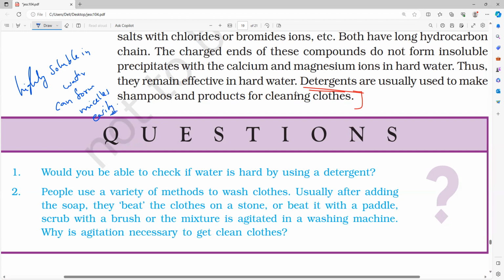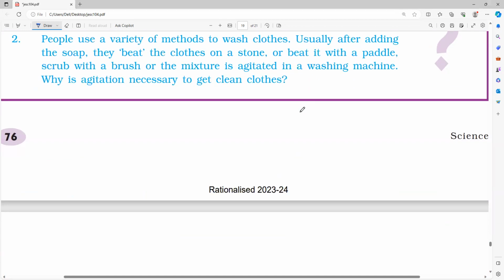Next. Synthetic detergents can be used in acidic water, where soaps cannot be used. Are you clear, everybody?